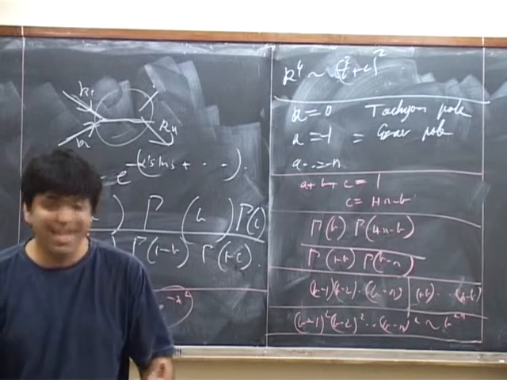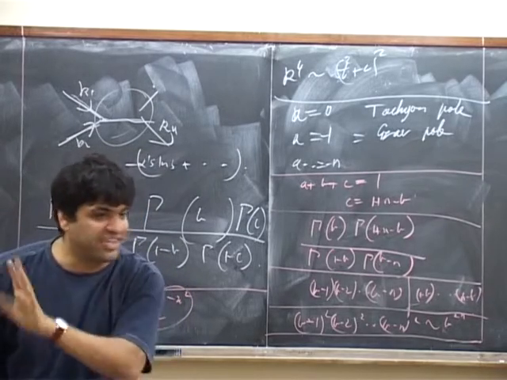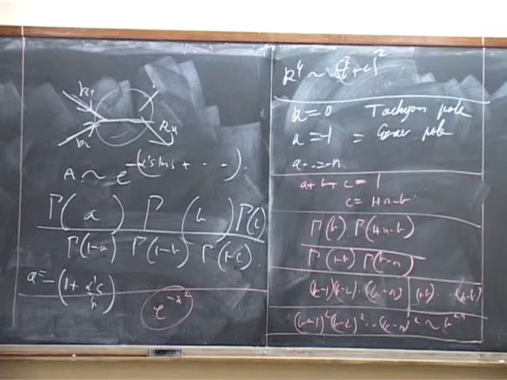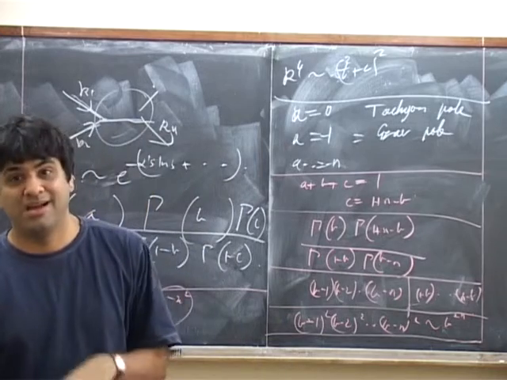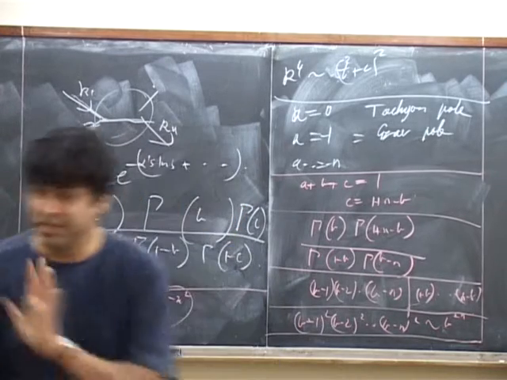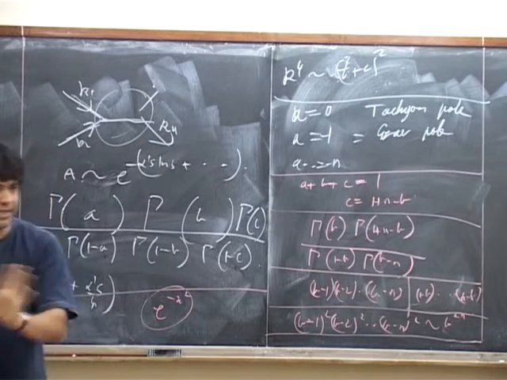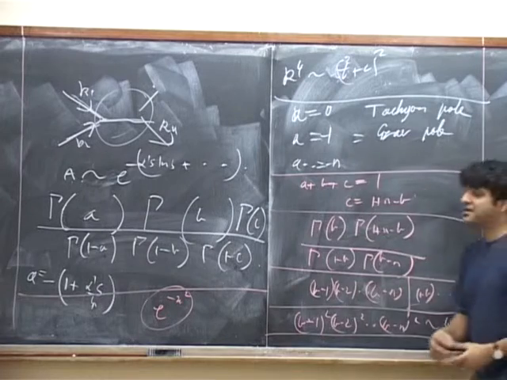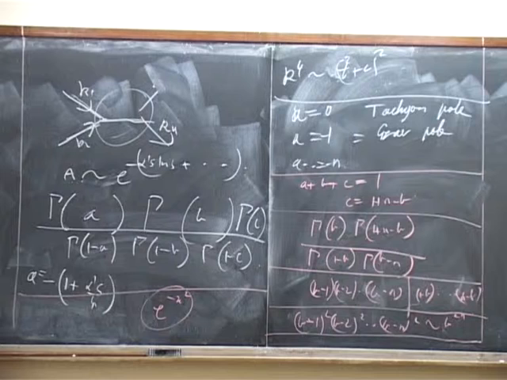Higher orders in k come from derivative corrections to the gravity action. As we will see as we go along, these higher order corrections are very different in the superstring theory. Okay, fine. Any other questions about classical tree-level string scattering before we turn to loops?